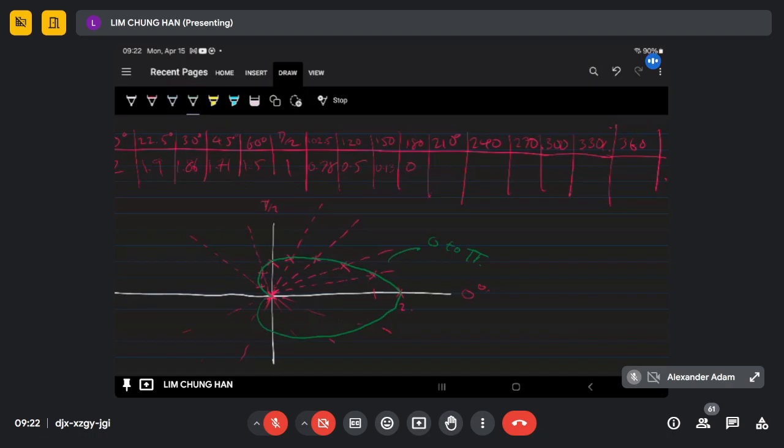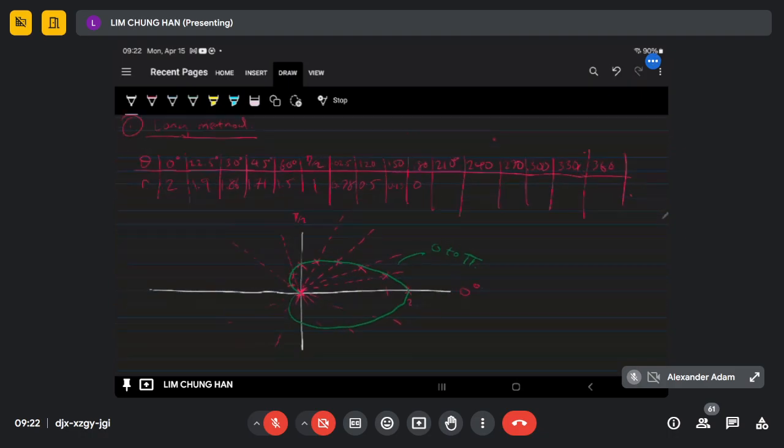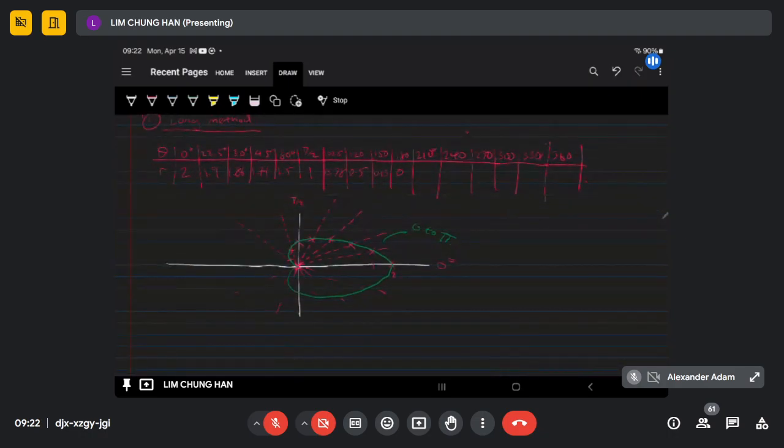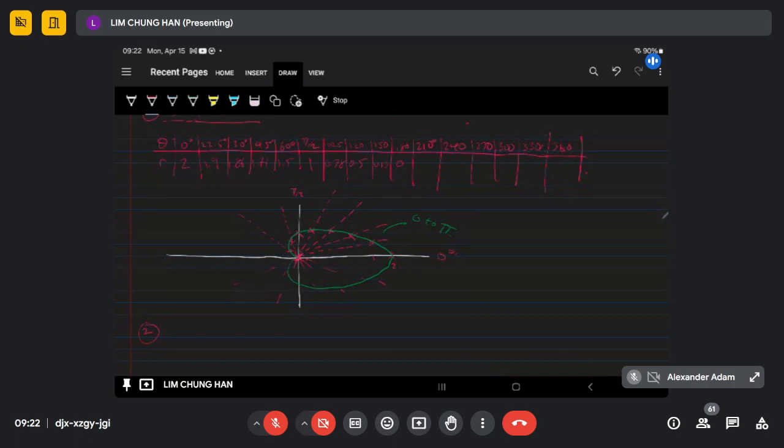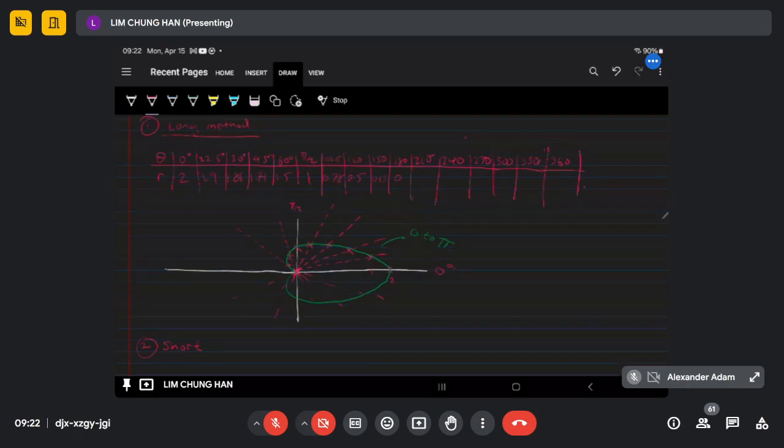This is the long method. Now, alternatively, we can do the short method. Short-ish, not very short, but I think it's a bit shorter than the first method.